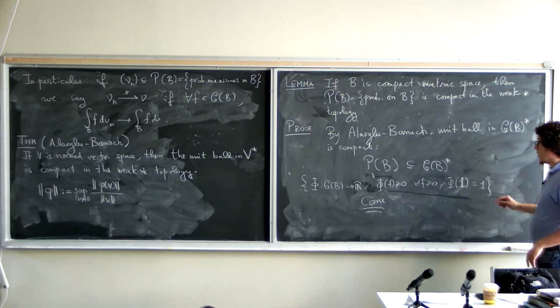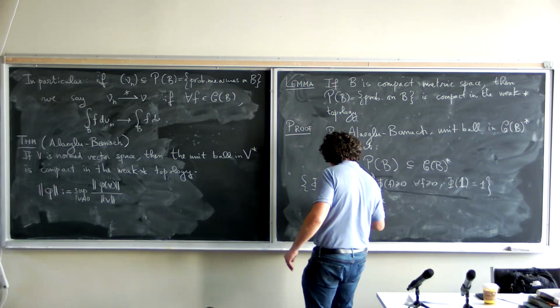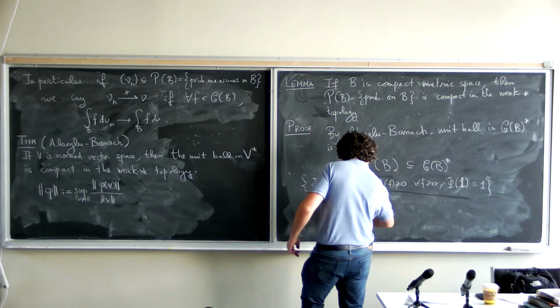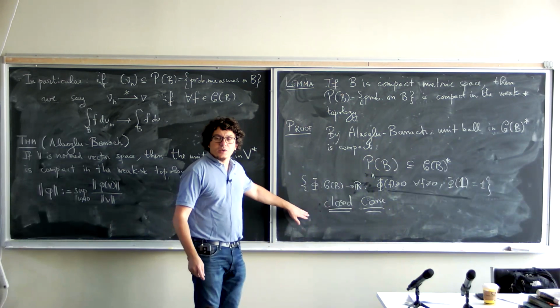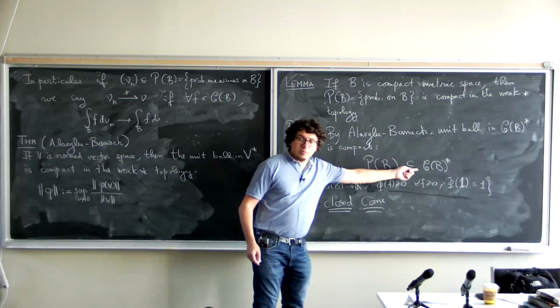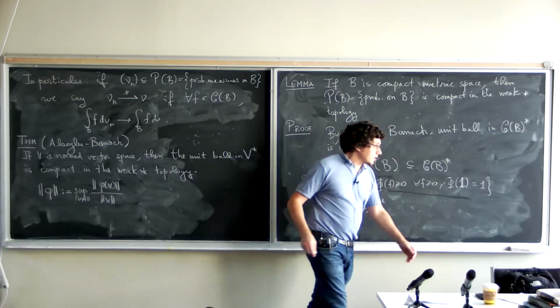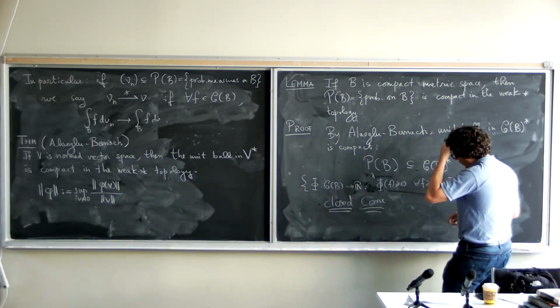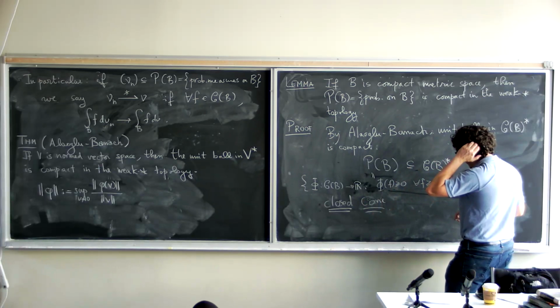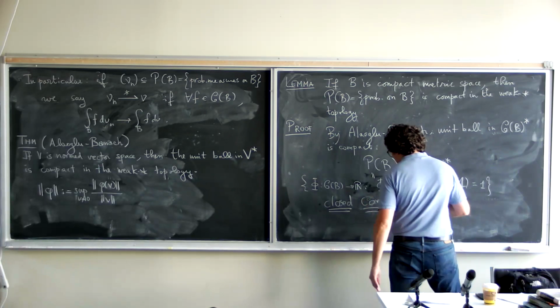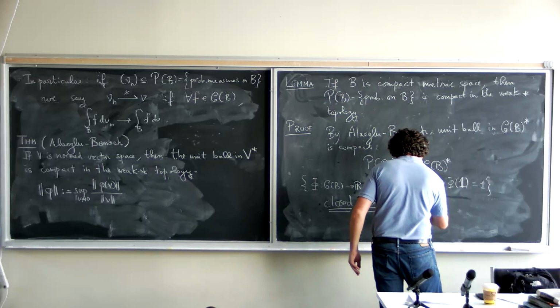So this is a closed cone, so it is a closed subset of a compact set, so it is compact.